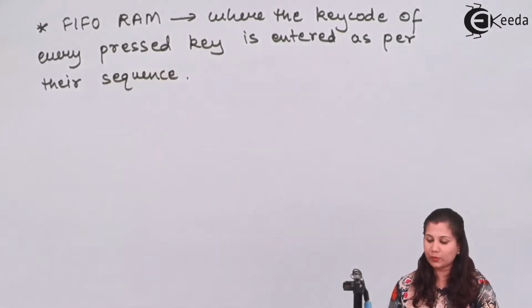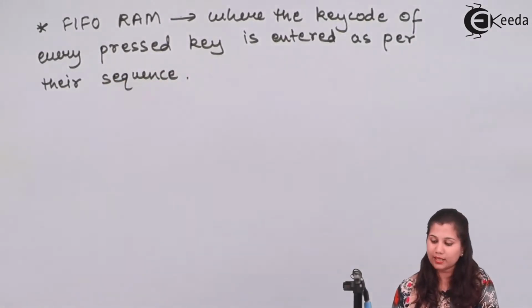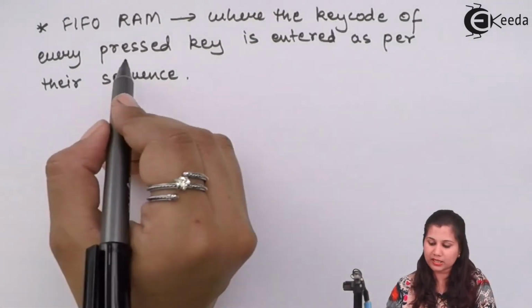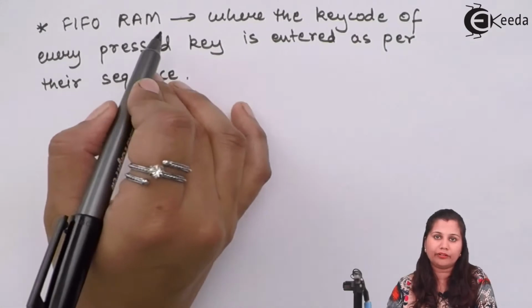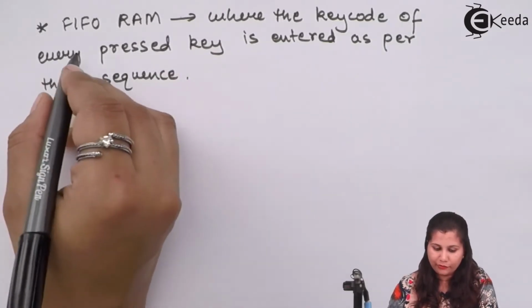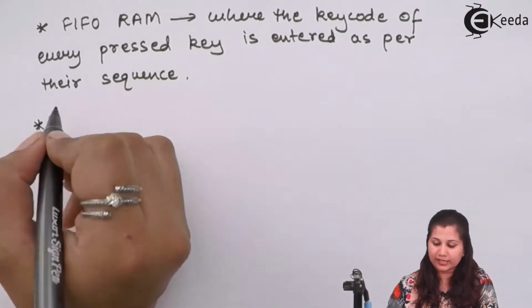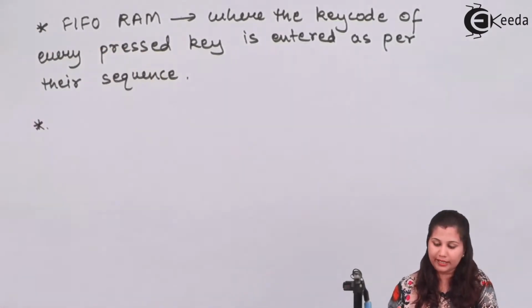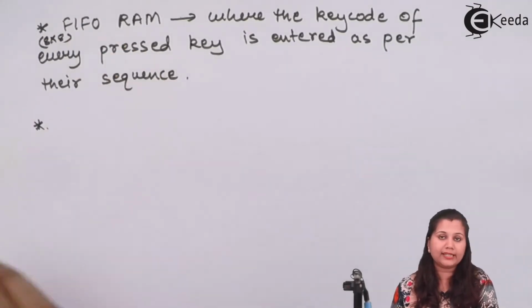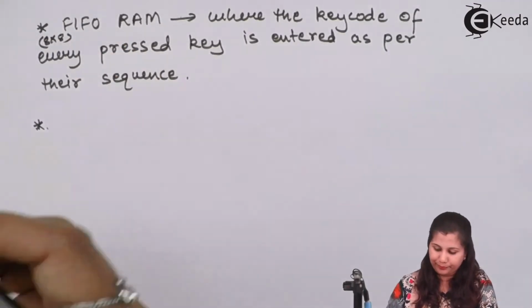So as per the sequence in which the keys are pressed, in that sequence only the key code of every pressed key will be stored in the FIFO RAM. Now this FIFO, because its size is 8 cross 8, can store 8 key codes at a time.